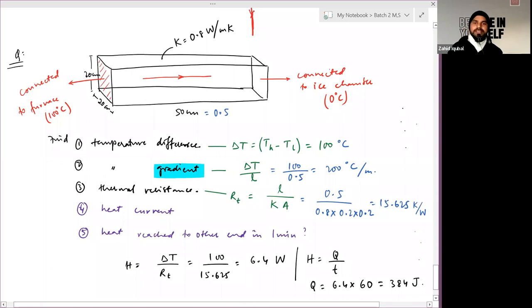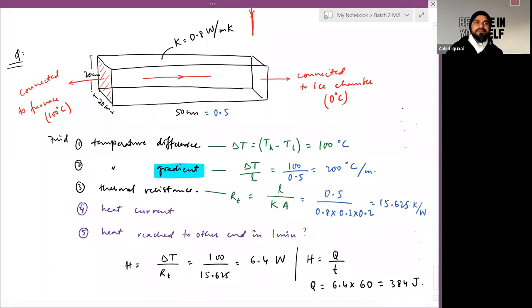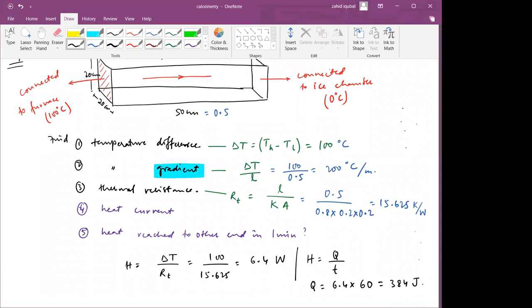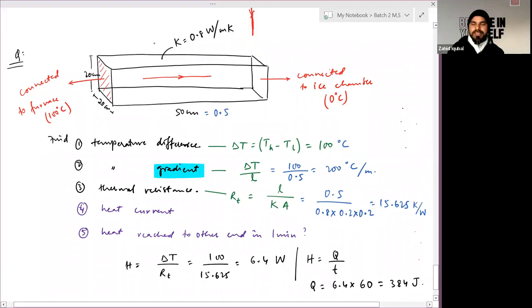Nahara, any doubt in this whole calculation? No, sir. Okay. Just write it down.